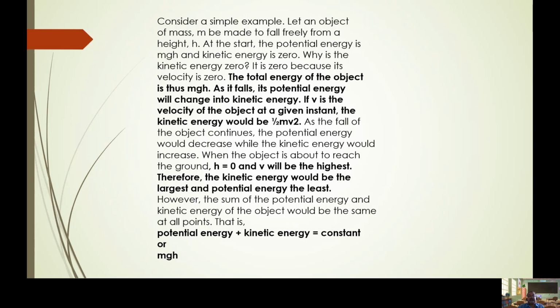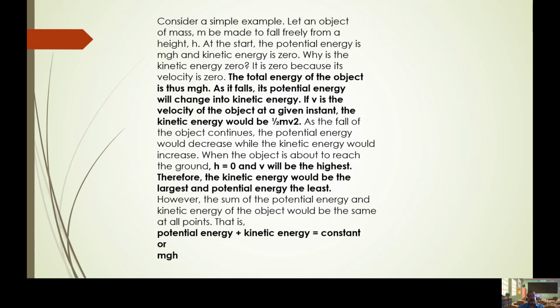As it falls, the potential energy will get converted to kinetic energy. If v is the velocity of the object at a given instant, the kinetic energy would become half mv squared. As the fall continues, the potential energy decreases while the kinetic energy increases, and when the object is about to reach the ground, h is equal to 0 and v will be highest.